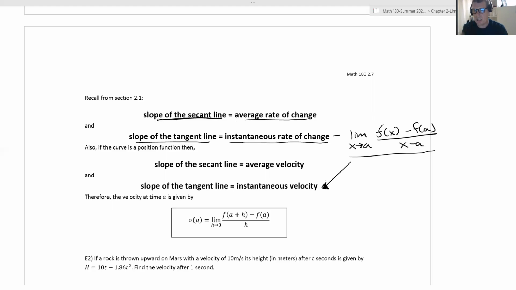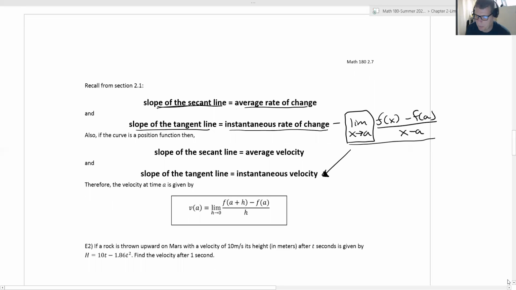The big addition is this limiting activity: the limit as x approaches a of f of x minus f of a over x minus a. All right. So it shouldn't come as too much of a surprise then that what we end up with is, okay, this is the equation for the slope of the tangent line.